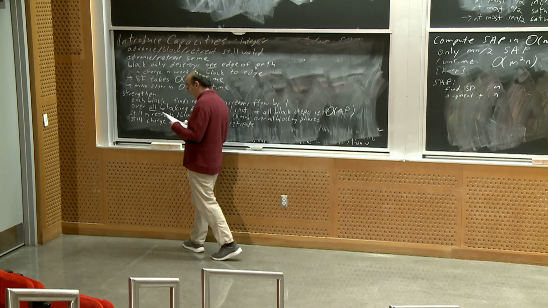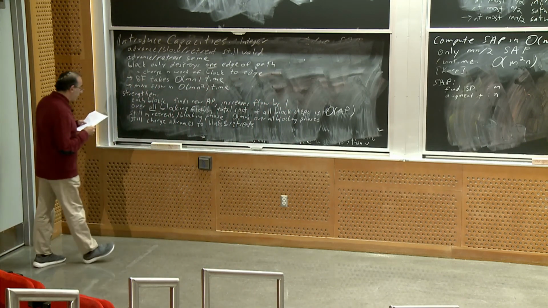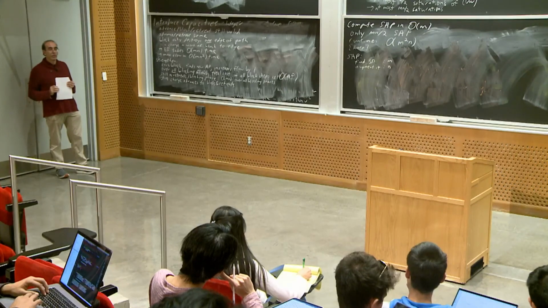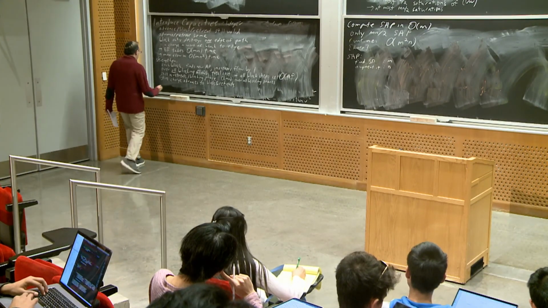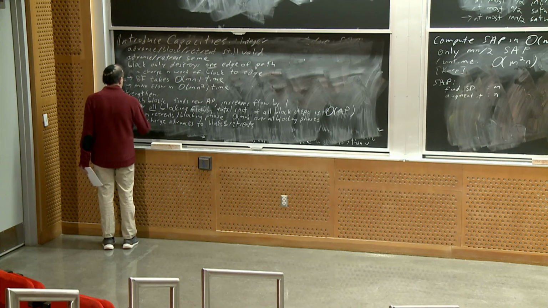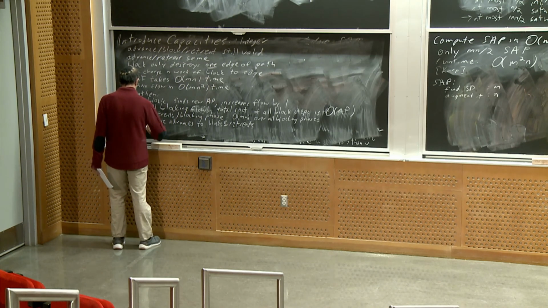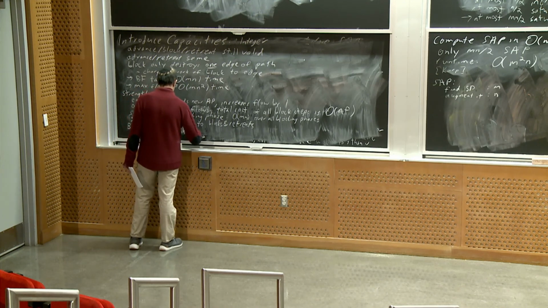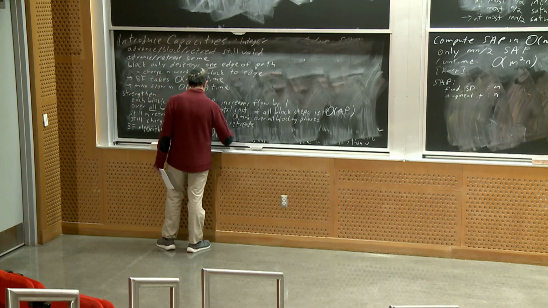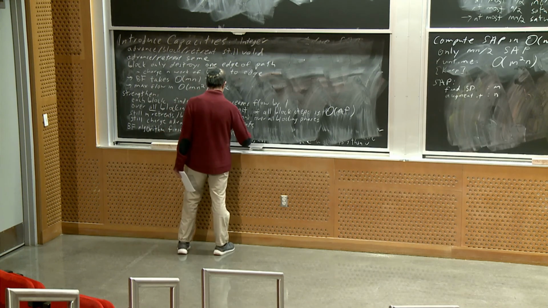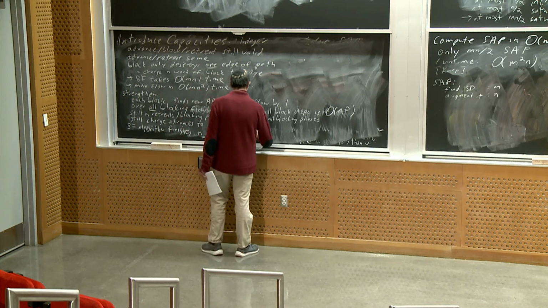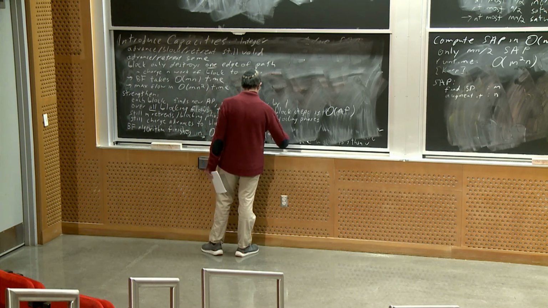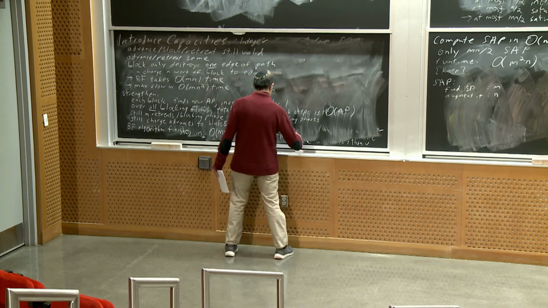And so if we put all this together, we conclude that even for integer capacities, the blocking flow algorithm finishes in order mn plus nf time, which is equal to order of m plus f times n time.